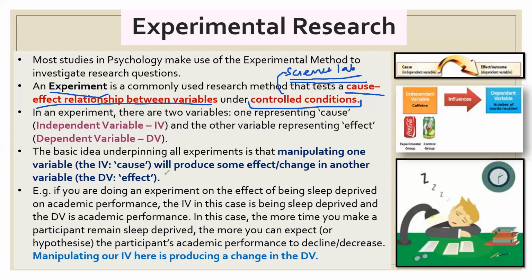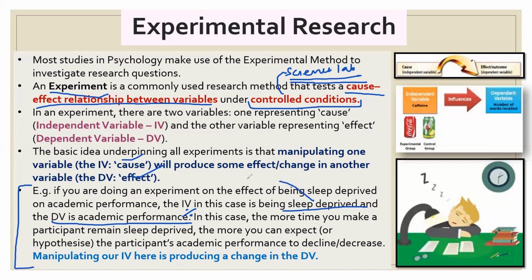We've already talked about the idea that the IV is the cause, the DV is the effect. This is another example which already gives you the answer. If you're doing an experiment on the effect of being sleep deprived on academic performance, what we're measuring for change is the academic performance, or maybe the percentage that you get on the test. What we're manipulating is the variable of sleep deprivation. So how sleep deprived are you?